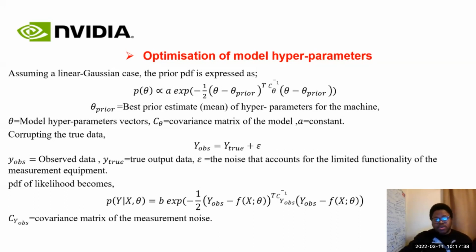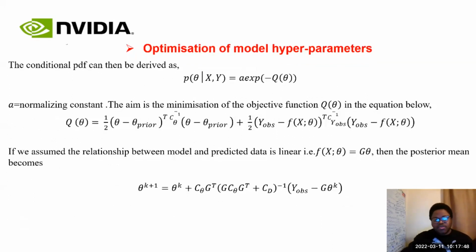So your theta prior is your mean. That is, you get the mean of the matrix itself, just a single column. And then you can solve for this by getting the negative log likelihood of this expression here.